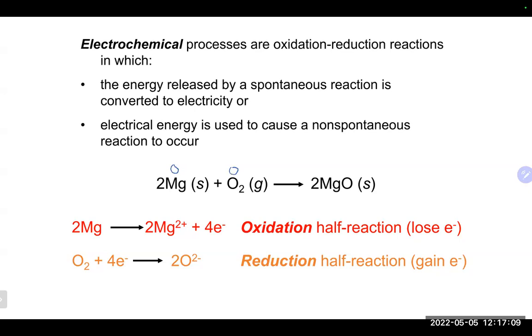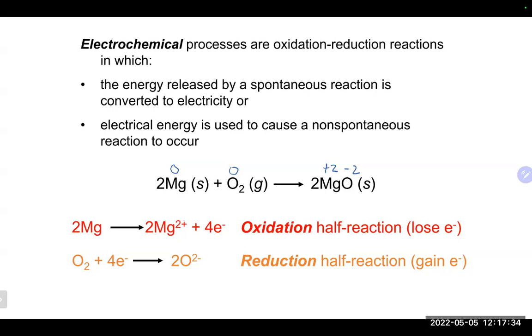It is only when a metal and a non-metal on the right-hand side get together that they form a charge and make an ionic compound. That is when magnesium gets the +2 and the oxygen gets the -2. So this is really a reduction and oxidation reaction that's happening.